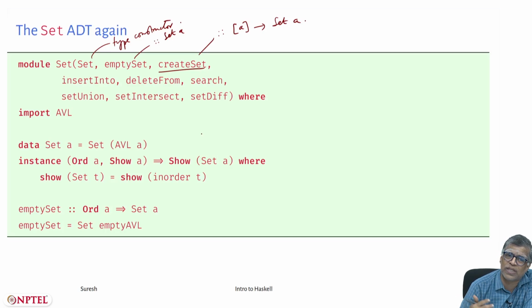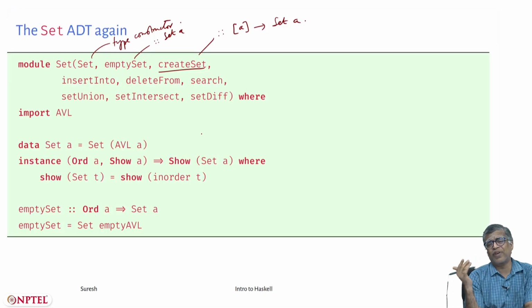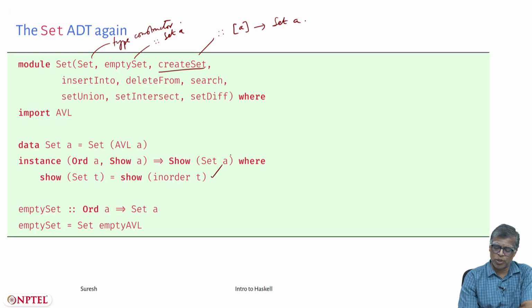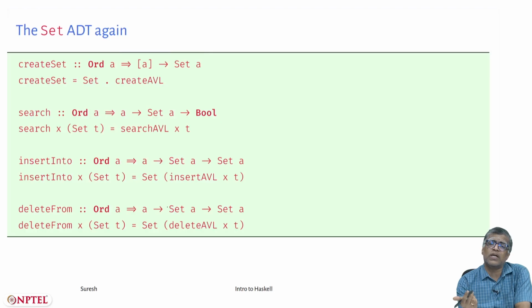So how do I show a set? Set is stored as a tree, but I do not need to reveal it. I will just do in-order traversal of the tree, that will make it sorted order, and I will show that sorted list. Okay, this is my show. Empty set is just set, the wrapper applied on top of empty AVL. Create set is just you create an AVL tree and then you put the wrapper set on top of it.